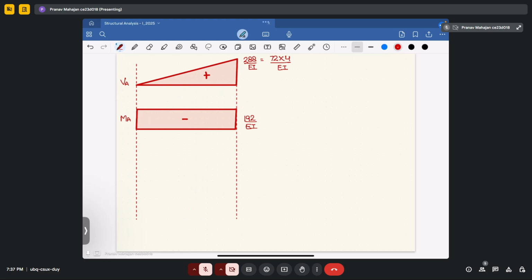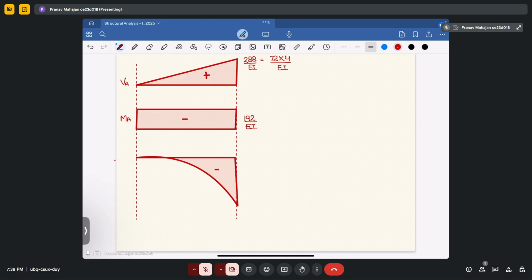Third, it will be due to the H that is provided. In this case that will be a cubic. So how will we draw? We have to draw a cubic profile, and that will also be negative.